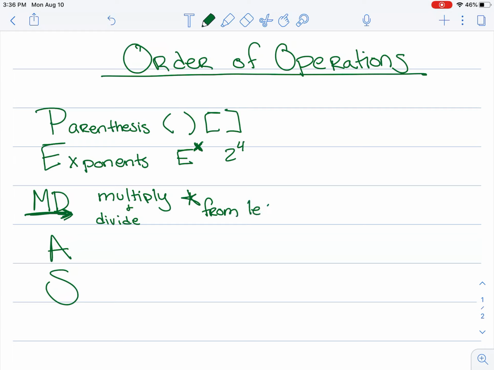From left to right. So division could be more important than the multiplication if it is listed first. Multiplication could be more important than the division if it's listed first. They're kind of equal, it's just about who gets listed first. So that's multiplication and division.